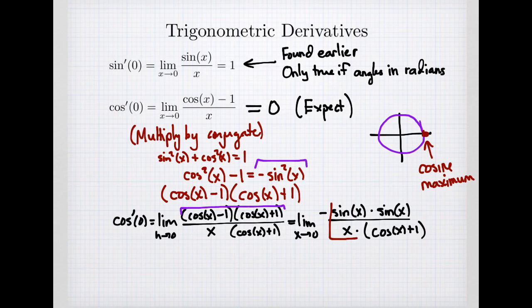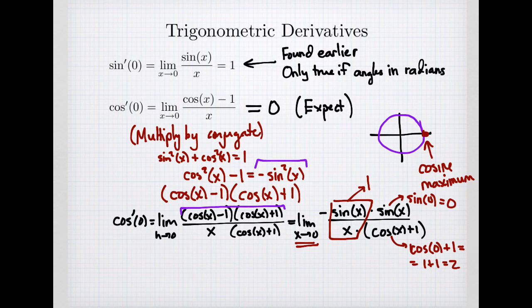Now we know that the limit of sine of x over x as x goes to 0 is 1. Because we are continuous, sine of x goes to sine of 0, which is 0. And the cosine of x goes to cosine of 0, which is 1 plus 1, or 2.